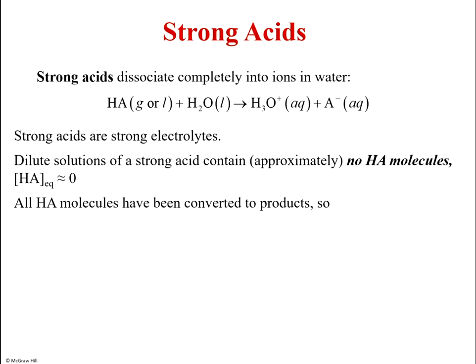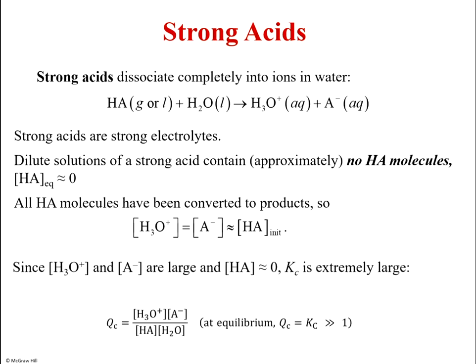If all the strong acid molecules have been converted into products, we can say that the hydronium concentration will equal the anion concentration, the conjugate base, which is infinitely weak, close to it, and that's approximately equal to the acid concentration that was delivered to the solution. Since hydronium and A- are large and HA is approximately 0, the equilibrium constant then becomes very large.